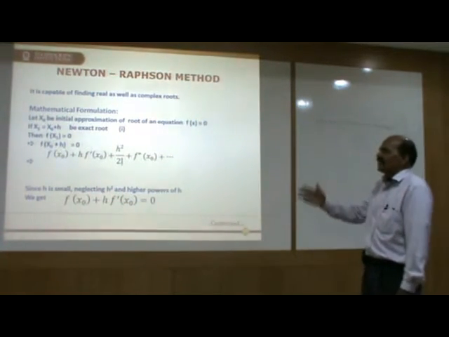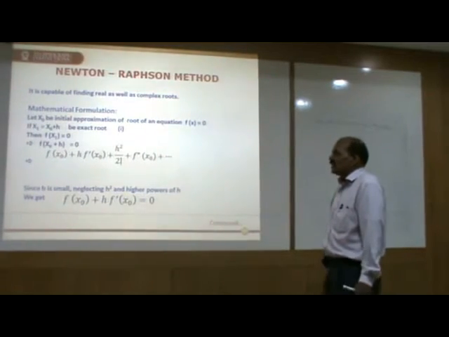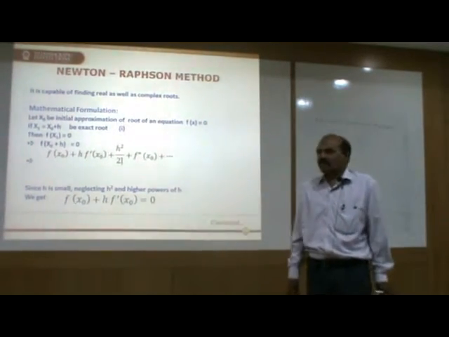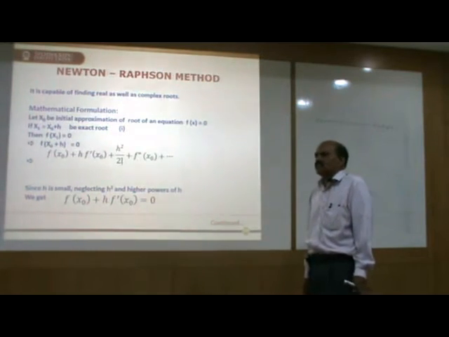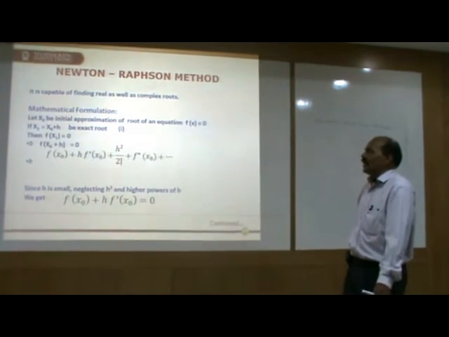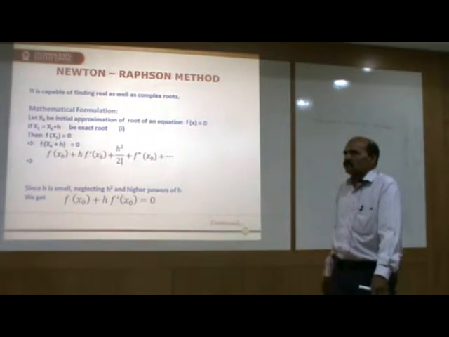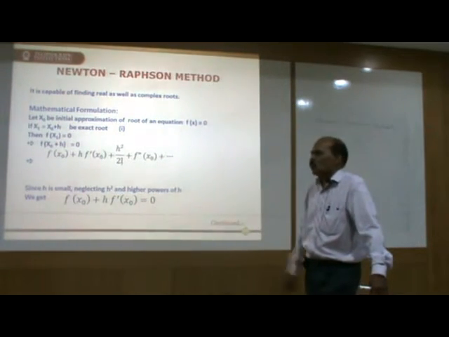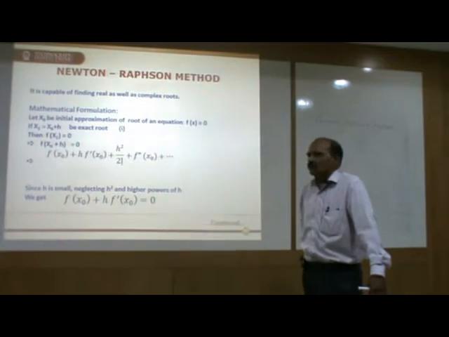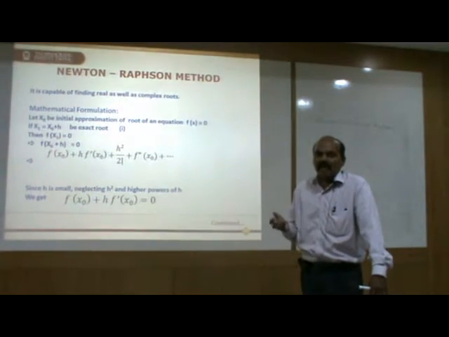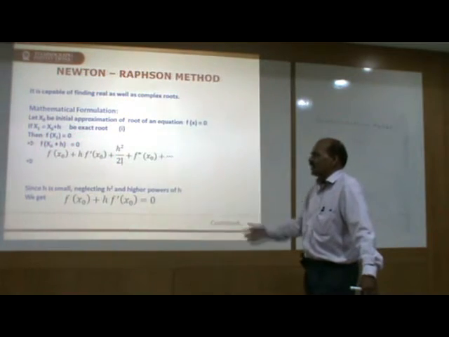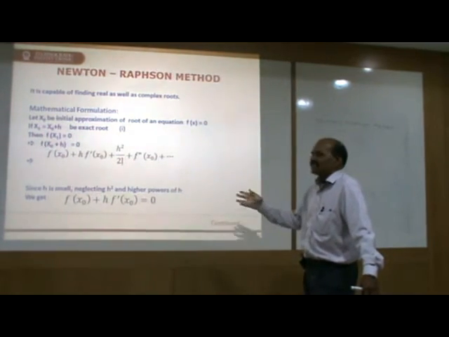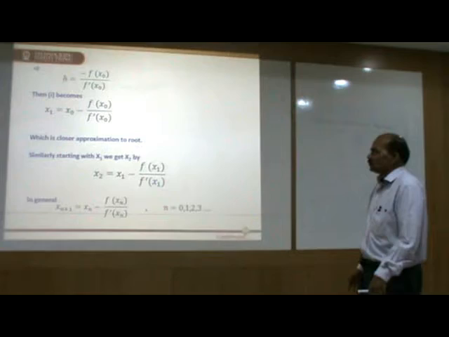And by the help of Taylor series, we can expand this in increasing powers of h. So we will have f of x0 plus h f dash x0 plus h square upon 2 factorial f double dash x0. Since h is very small, we can neglect h square and higher powers, thus giving f of x0 plus h f dash x0 is equal to 0.